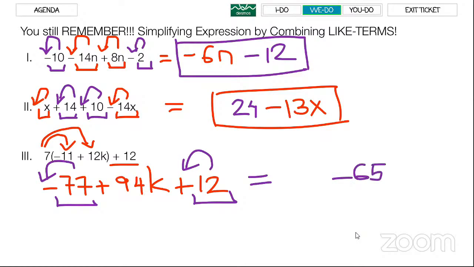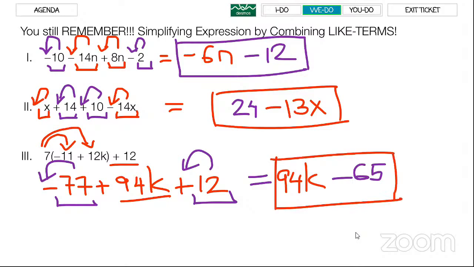Sorry about telling this slowly because it was going on in my mind. The other thing, the 84k, it's alone. If it's alone, you just need to write it down as it is. So this will become the simplest form of the given expression.